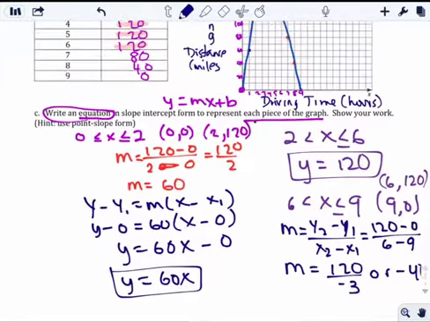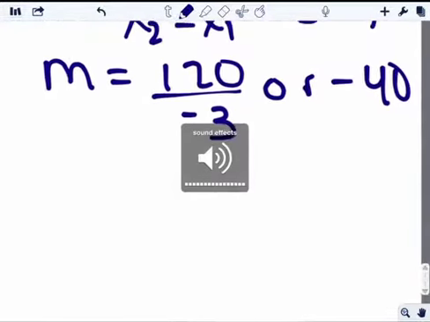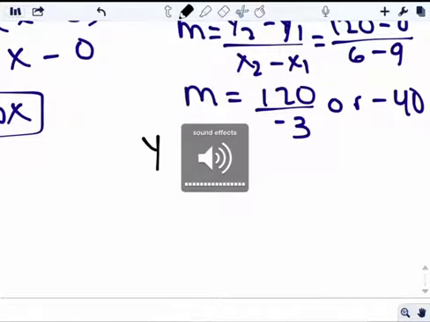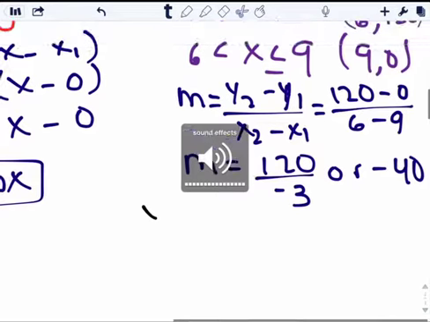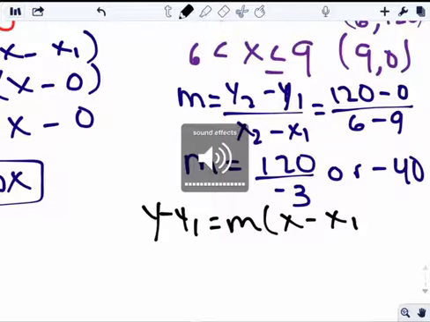Making sure negative means going down, and it is heading home, so going down. And then I use point slope: y minus y1 equals m times (x minus x1).